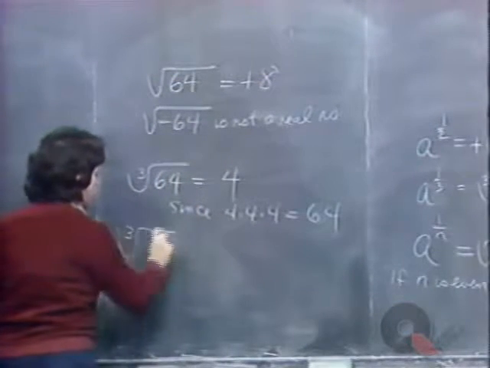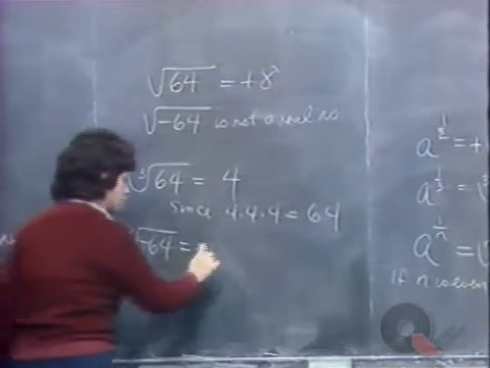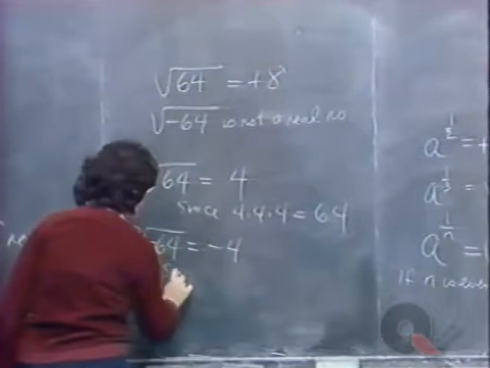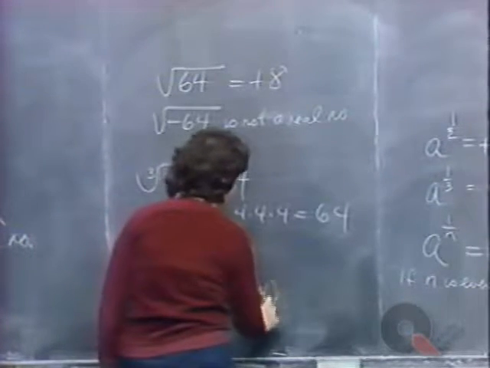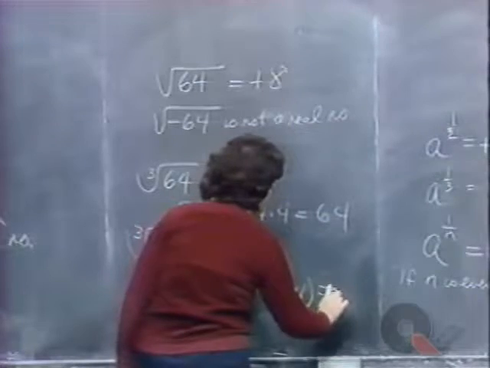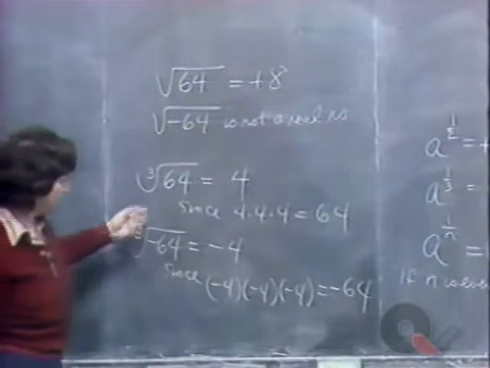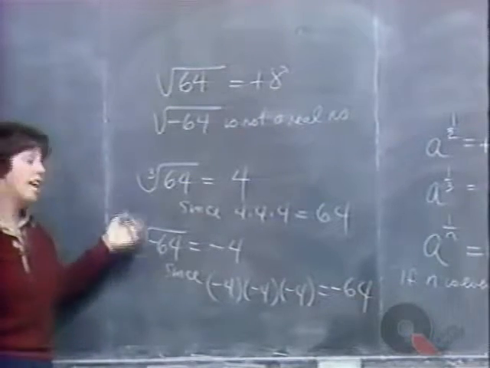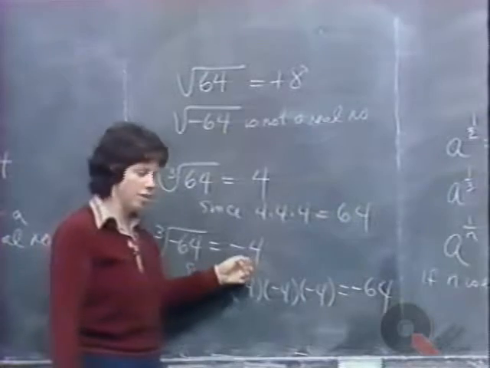And the cube root of minus 64 is minus 4, since minus 4 times minus 4 times minus 4 gives you minus 64. So there is no difficulty with a cube root or any odd root of a negative number.